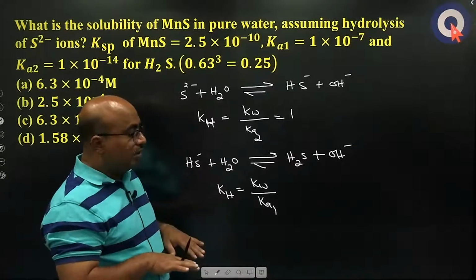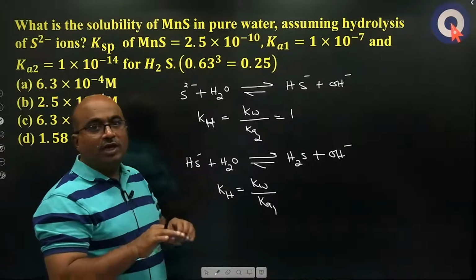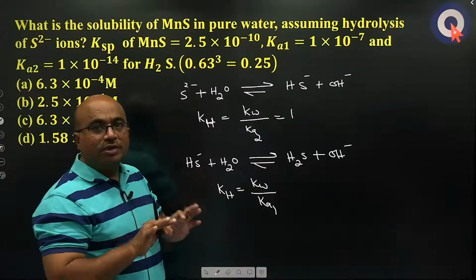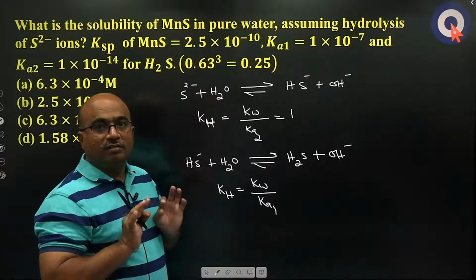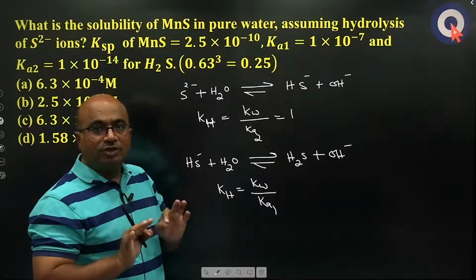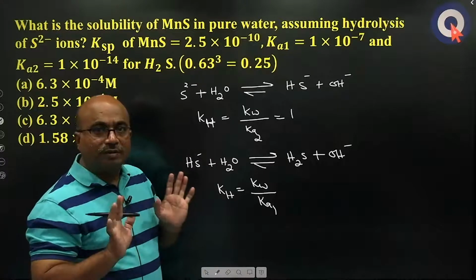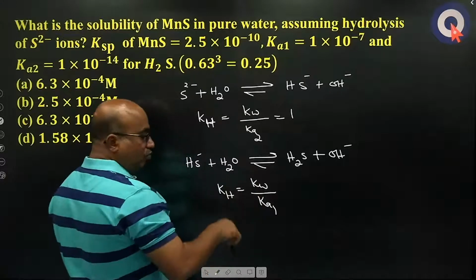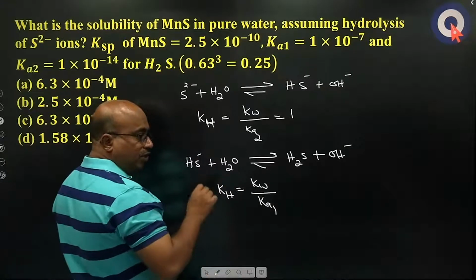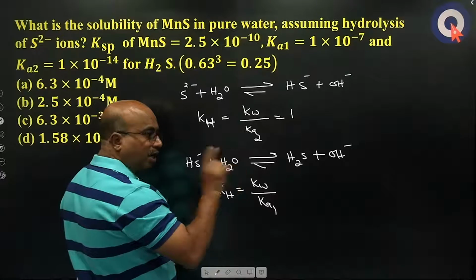So for an anion hydrolysis, what is the Kh value? Kw by Ka. But what Ka should we consider? We should consider the Ka which gives that particular ion. Similarly, for a base, Kb: which ionization of a base is giving that particular cation?